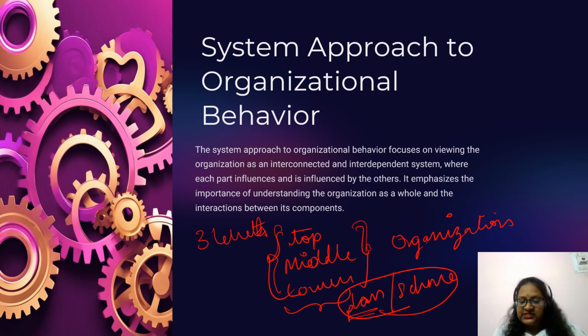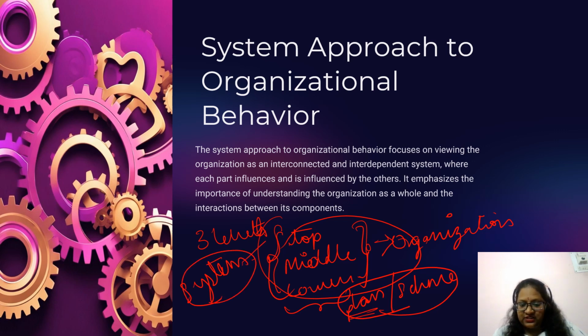When these three levels of management are working together in an organization, this whole point would be called the system approach. Now they are following a particular system, right? The three levels of management are planning towards the organization. This whole thing is a system approach. It might not be present in every organization, but most organizations follow the system approach.